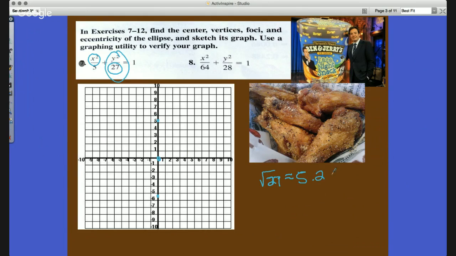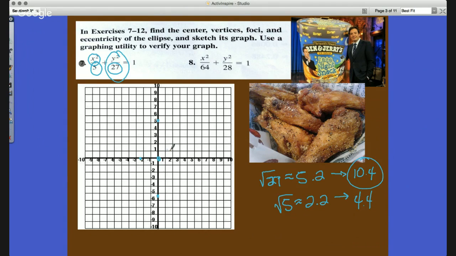So the total distance is 10.4 for my major axis. Now for my minor axis, I'm going to do the square root of 5, which is 2.2, for a total distance of 4.4.